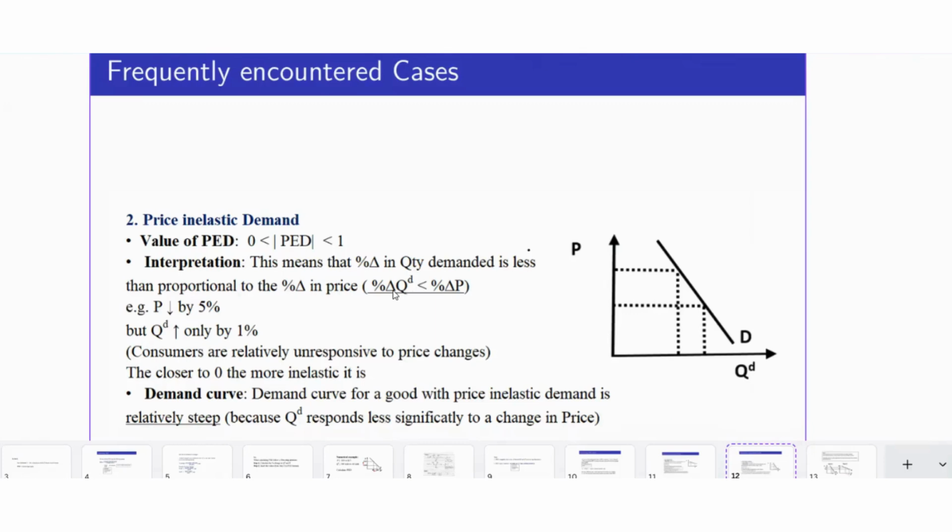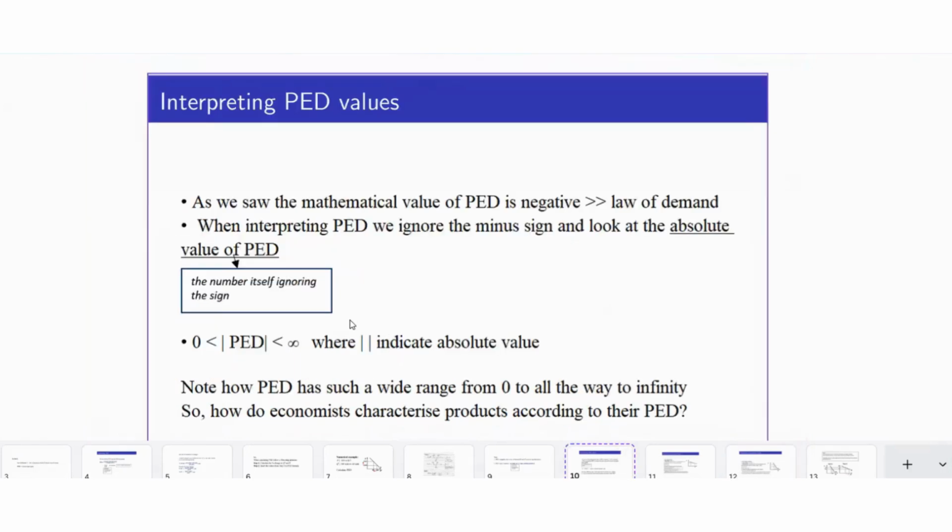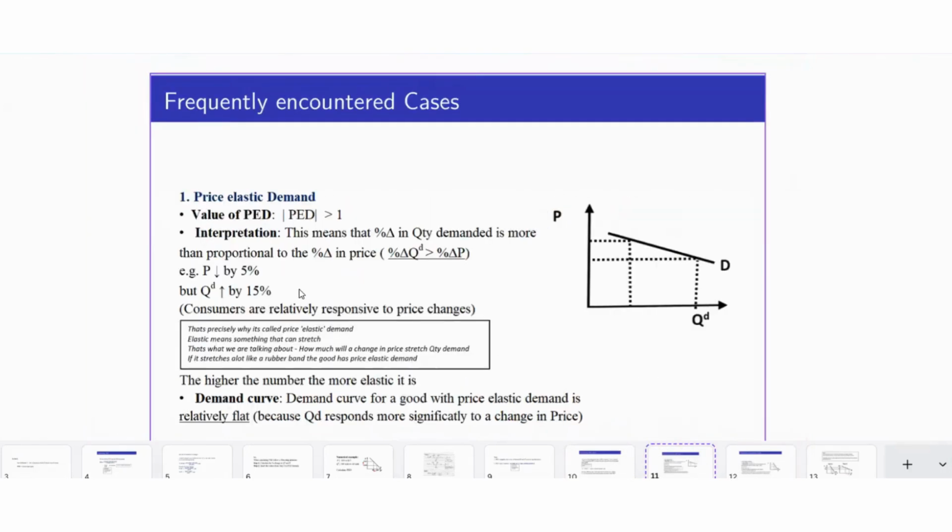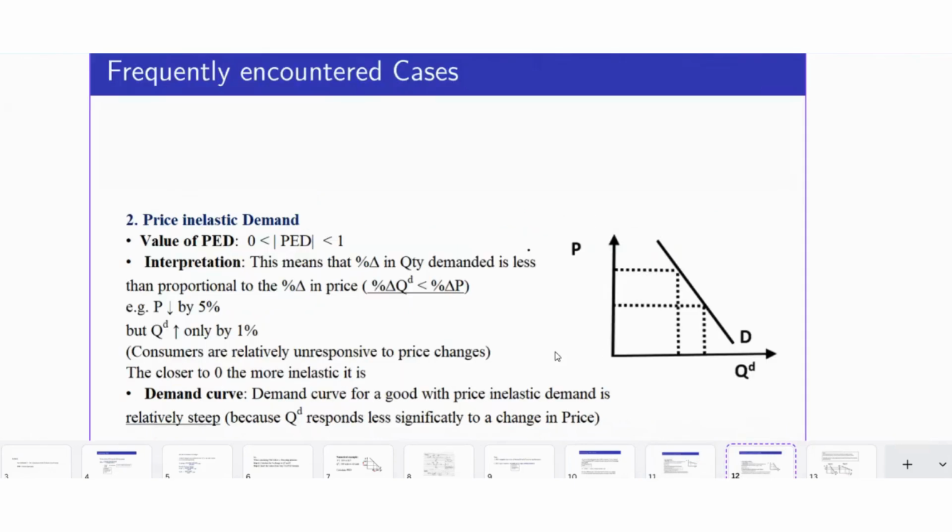So in this case, the percentage change in quantity demanded is less than the percentage change in price. Say price decreases by 5%. If this was elastic demand, we said quantity demanded would increase by more than 5%, because the percentage change in quantity demanded is more than the percentage change in price. Say it increases by 15%.